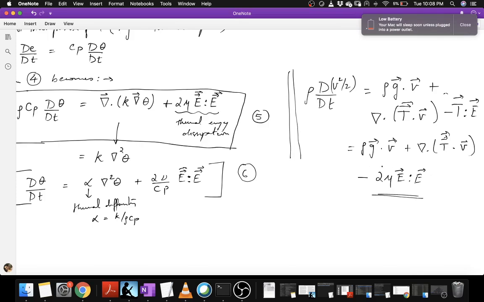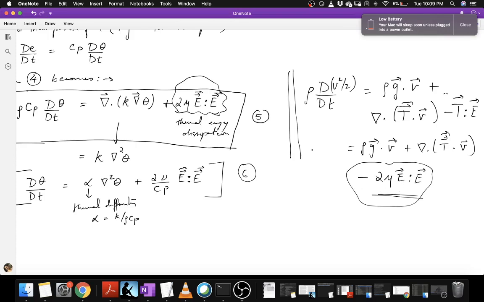You see that this term, which appears here with a negative sign, is the cause of the loss of kinetic energy. That same term appears in the thermal energy equation with a positive sign, increasing the temperature of the fluid. And this is why we call this term the thermal energy dissipation, or energy dissipation to heat.